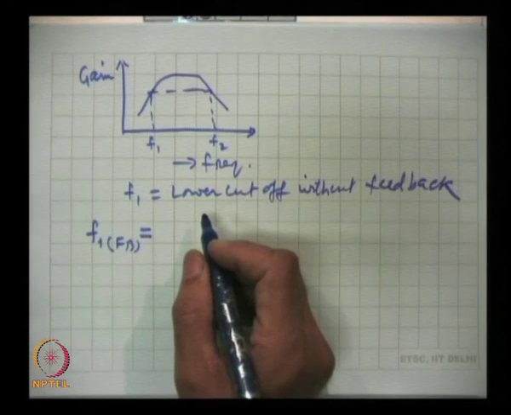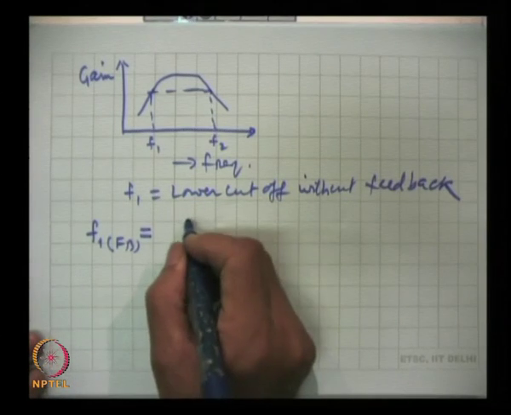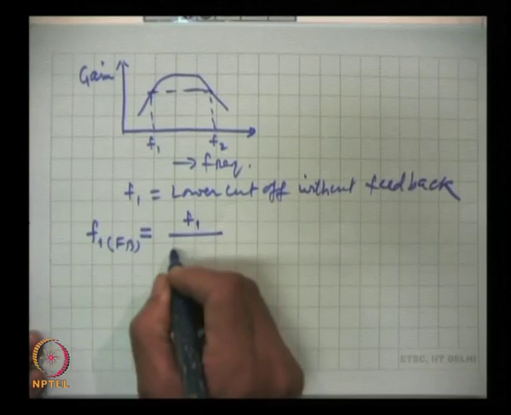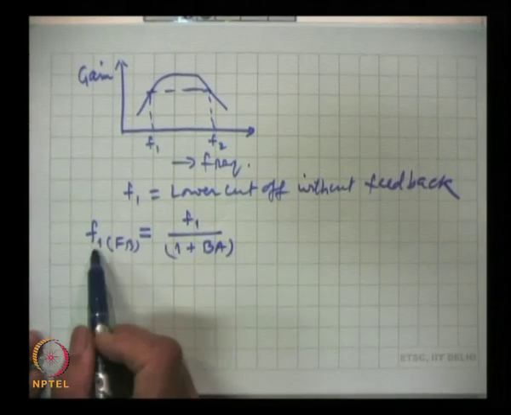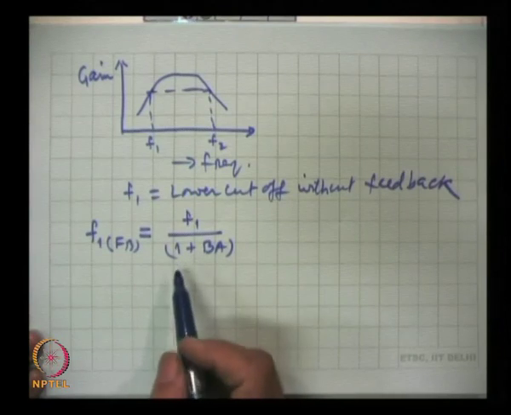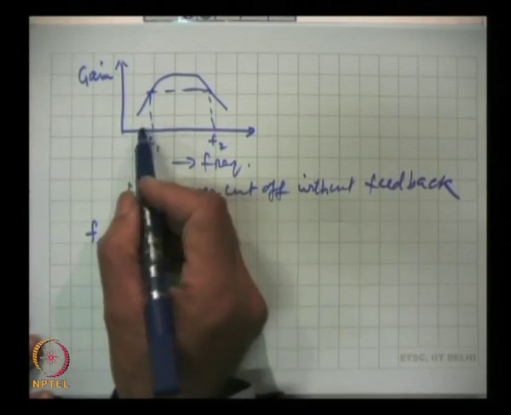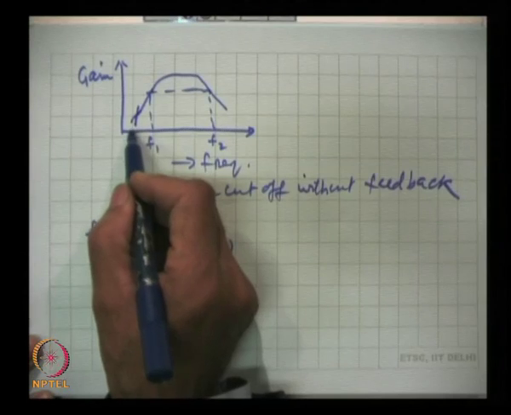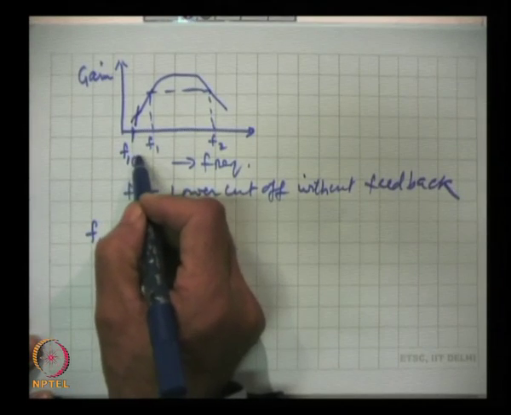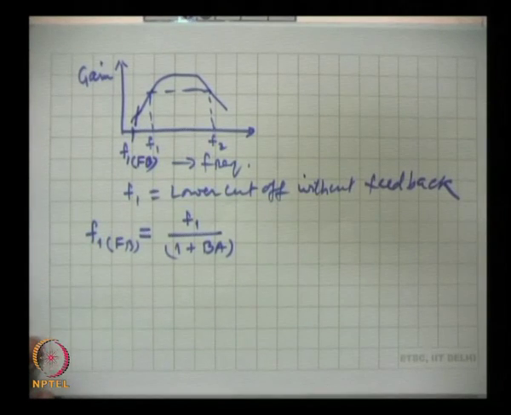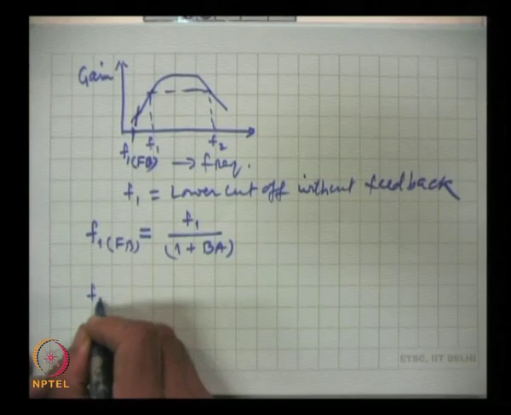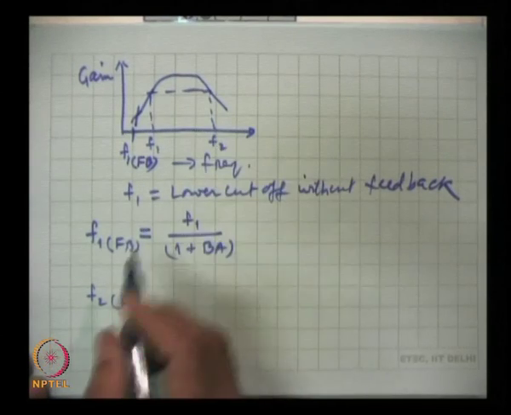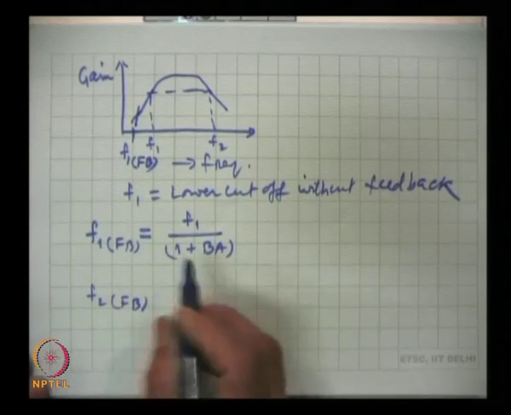As we have seen that all changes are of the magnitude of 1 plus BA. So, F1 is reduced by the factor 1 plus BA. So, it becomes here, for example, F1 FB. In the same way, the F2 FB, that means upper cutoff with feedback, is increased.